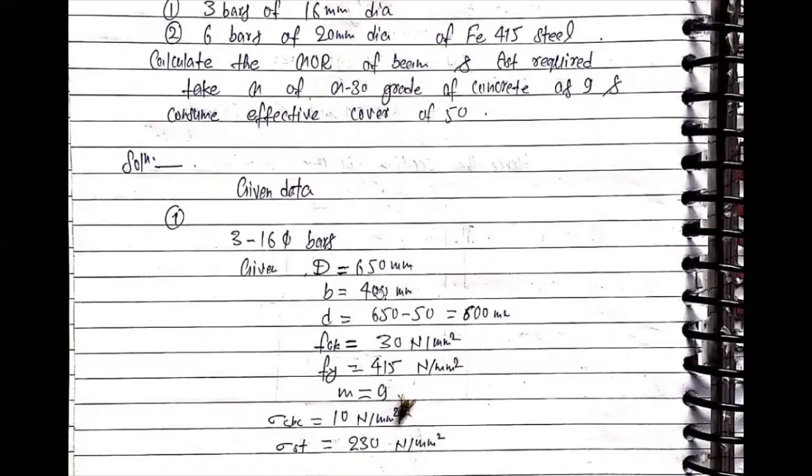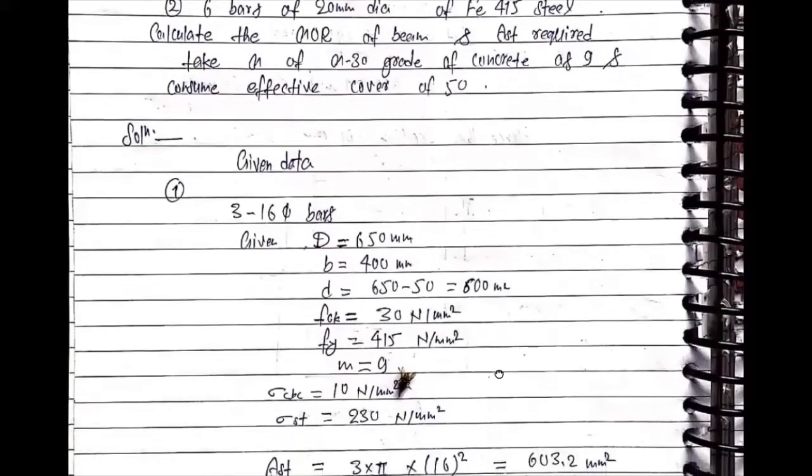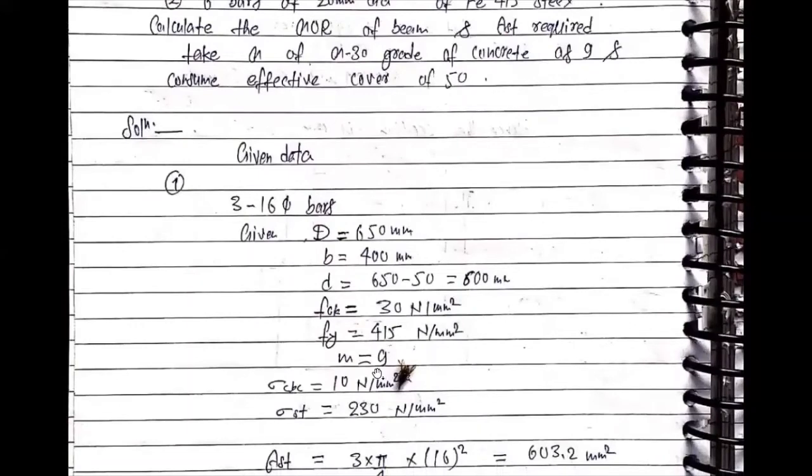Effective depth is 650 minus 50, this is cover, which gives 600 mm. Characteristic strength of concrete, 30 Newton per mm square. Fy, 415 Newton per mm square. This all is given in the question itself. And m is taken as 9 as given in the question.